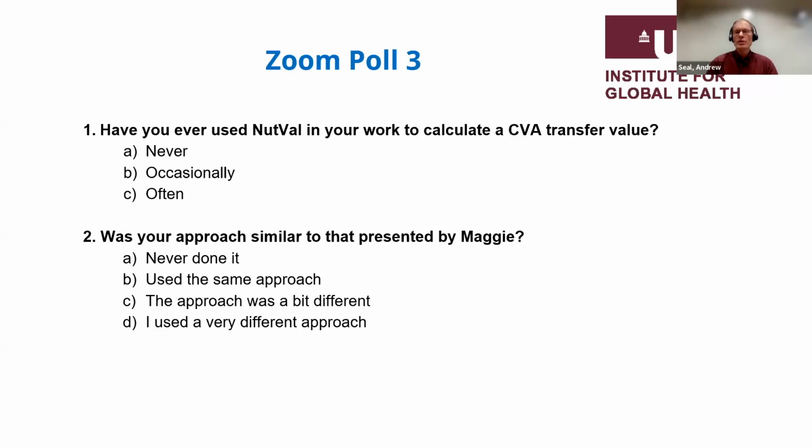So maybe we can just hold that, and perhaps you could comment on that in the chat, or we can discuss that when we get to the end and move to the Q&A session. Thank you.